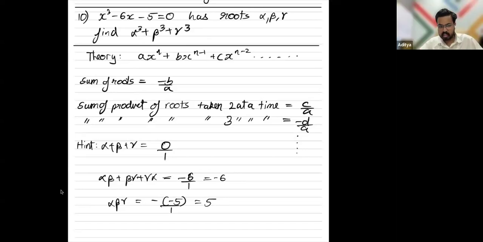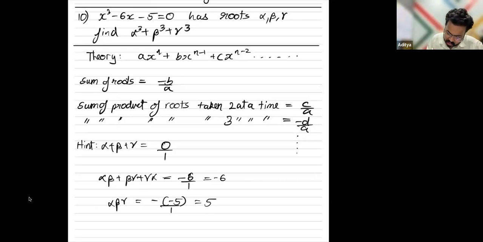Send it to my ID, Aditya. Arnav, not correct. Try again. Pushkal correct. Vedang correct. Keshav correct.